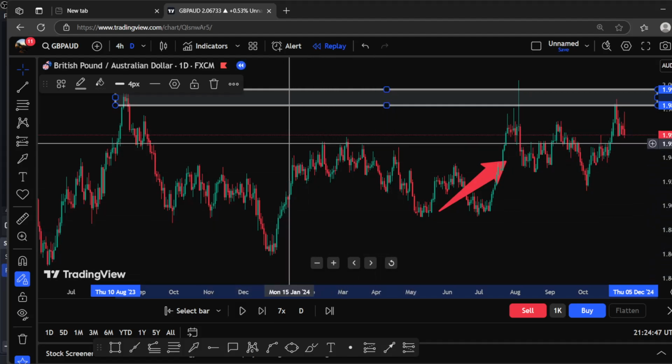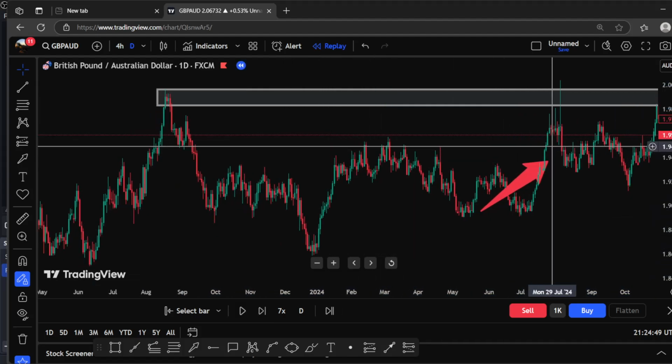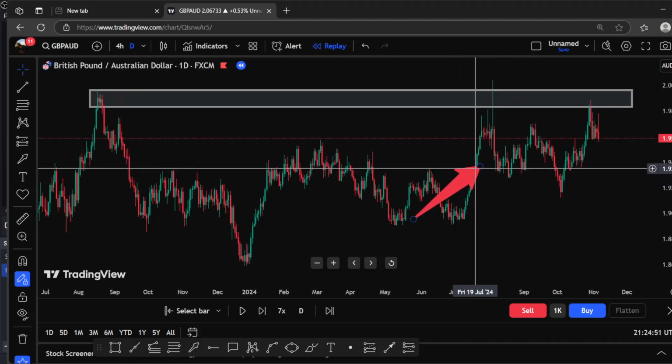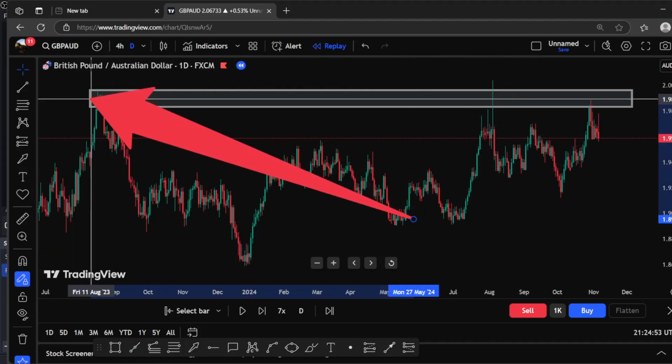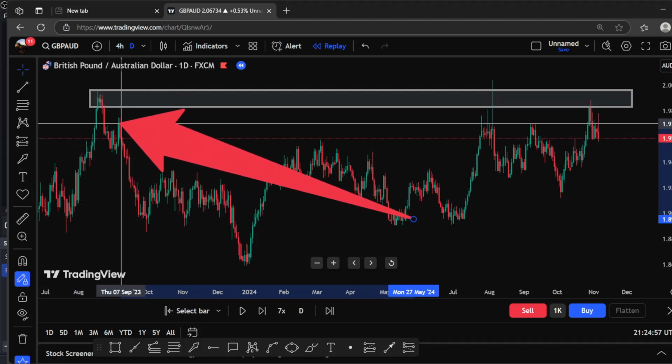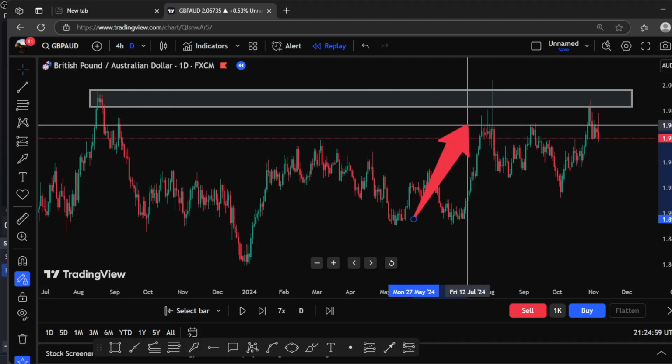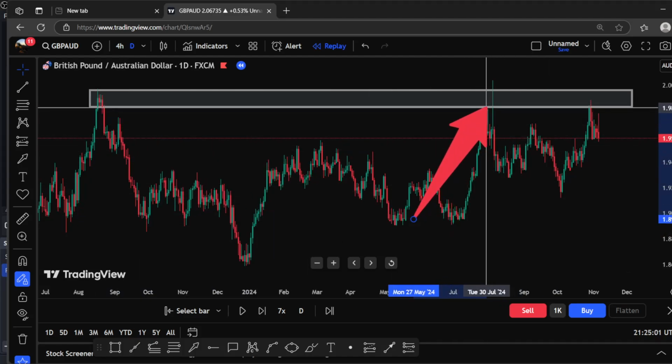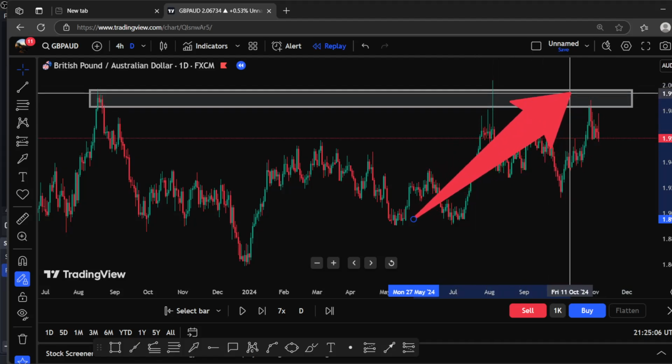And then if you are a support and resistance trader, let's say for example you weren't aware of this pull down from here, so this has not caught your eye. By the time this happened, you are already interested in this zone, this level.